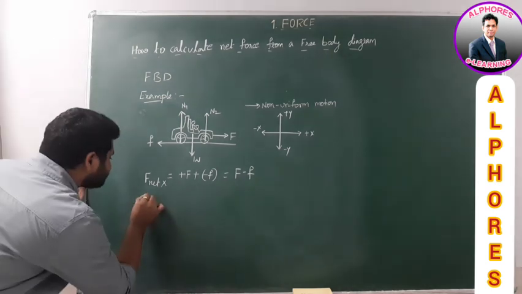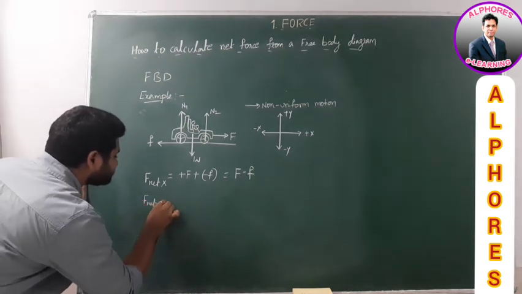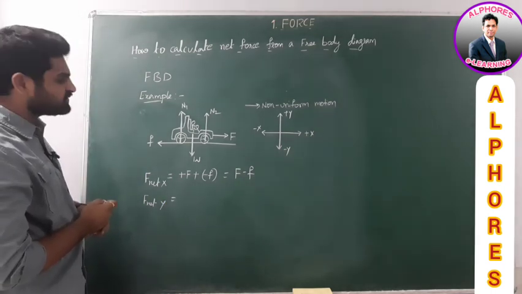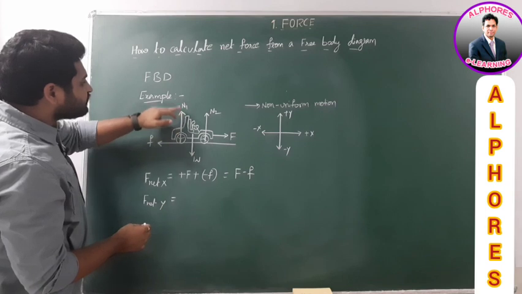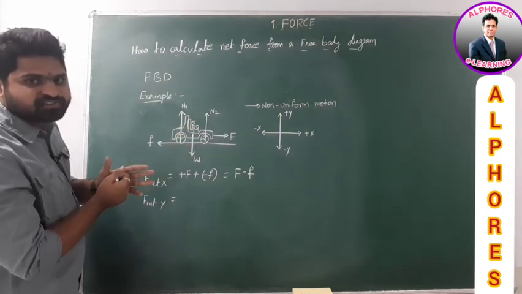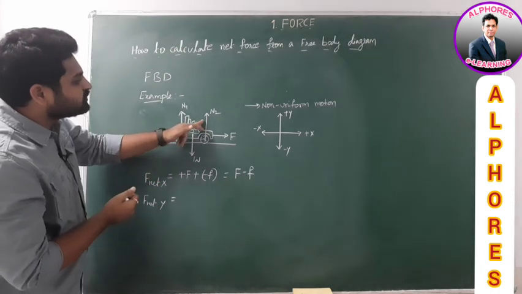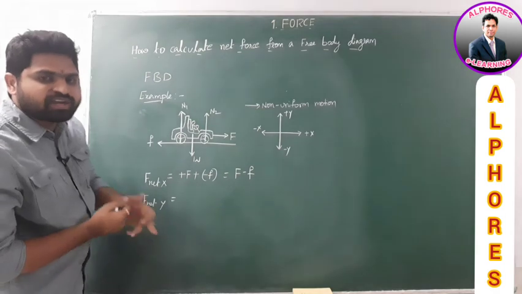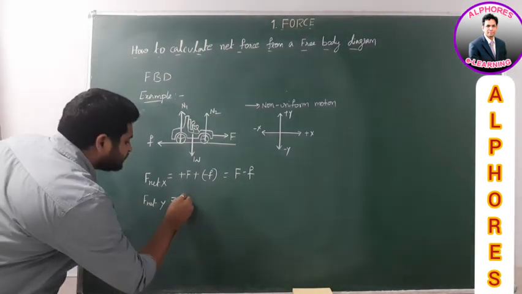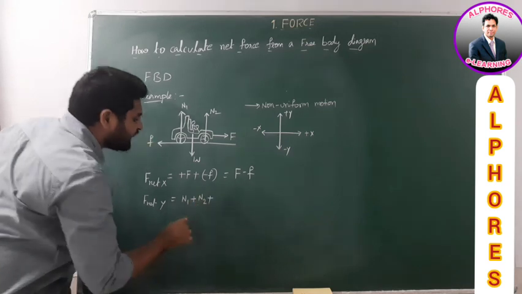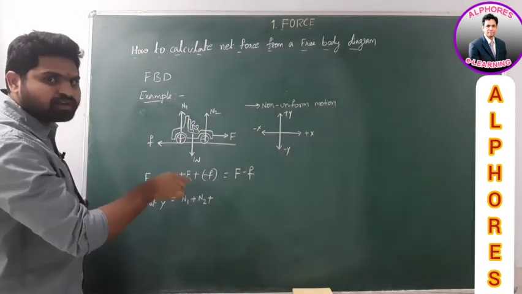Now the net force along vertical direction, along y-axis. N1, N2 and W, 3 forces are acting along vertical direction. N1 and N2 are along positive y-axis and W is along negative y-axis. So N1 plus N2, I am adding all the forces and following the sign conventions.